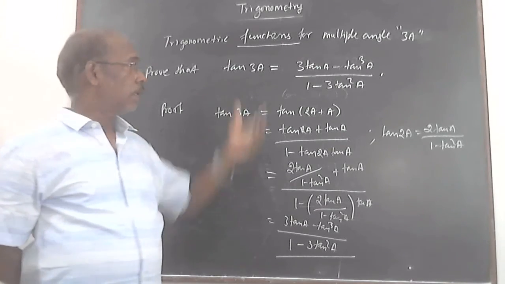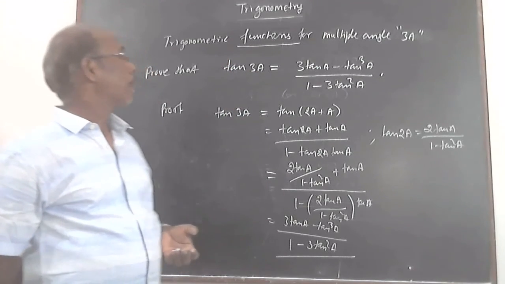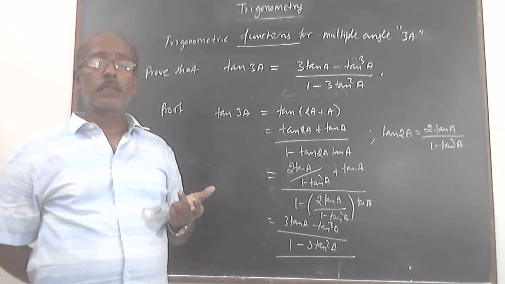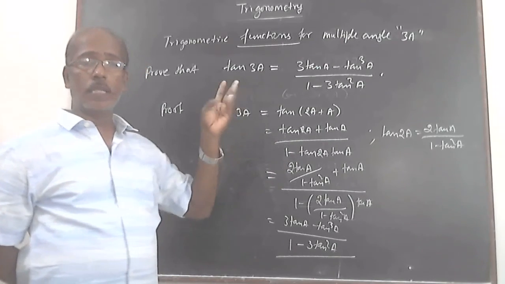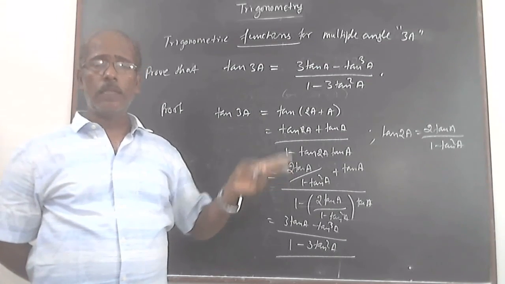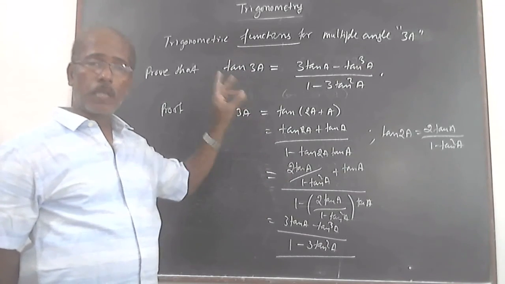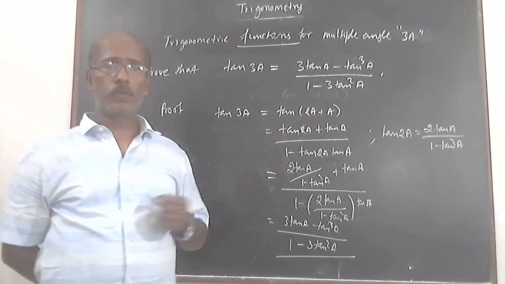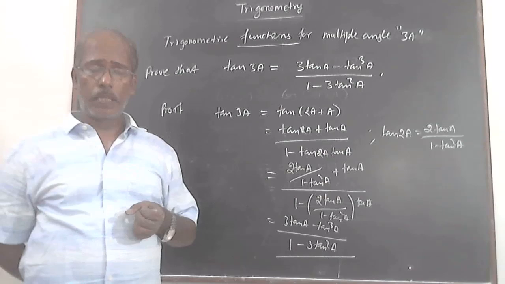So on, the identities and formulae in terms of x and y, and then we discussed multiple angles, where A and B are equal: sin 2A, cos 2A, tan 2A, and cos 2A in terms of cos, in terms of sin, or mixed case, or in terms of tan also. Everything we discussed. And then we discussed submultiple angles.